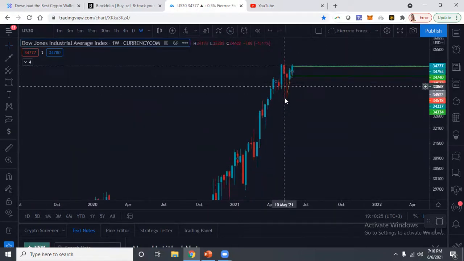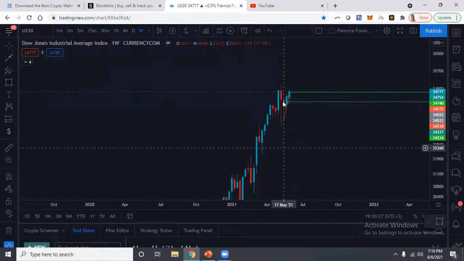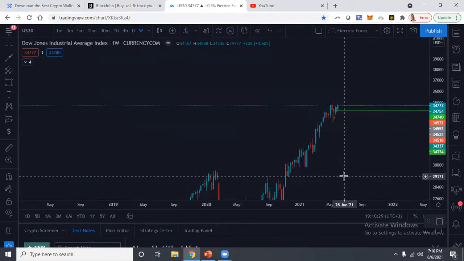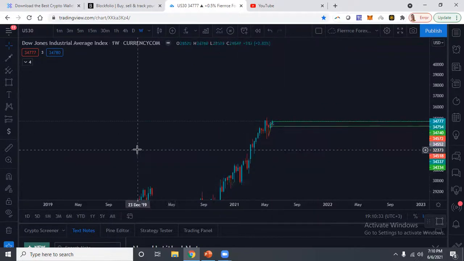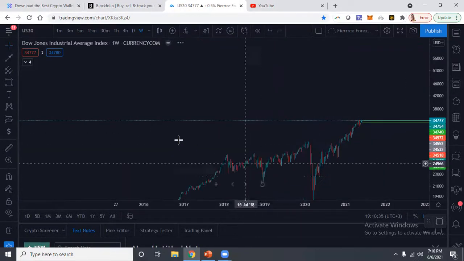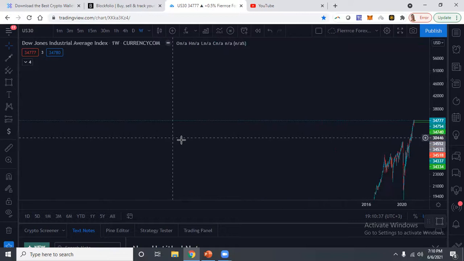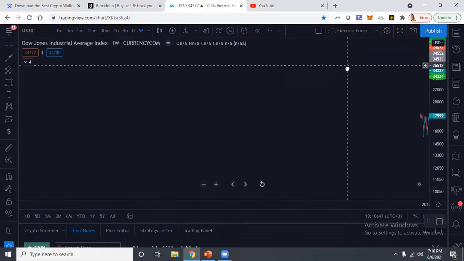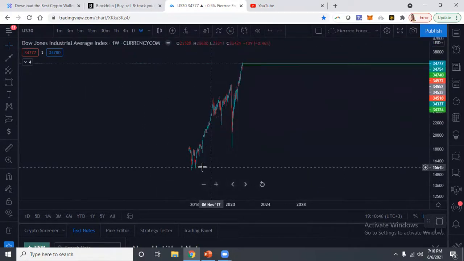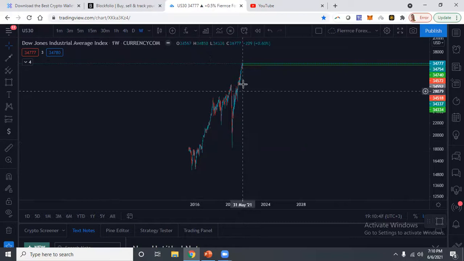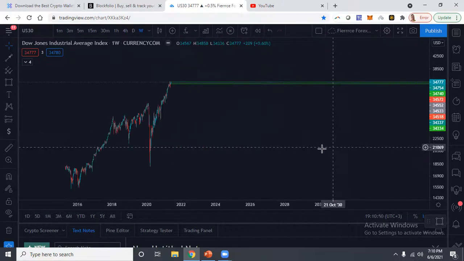There've been a lot of fake outs, a lot of manipulation. That's the thing with the indices, my God. So we are definitely bullish. We are in an all-time high, like seriously, all-time high.